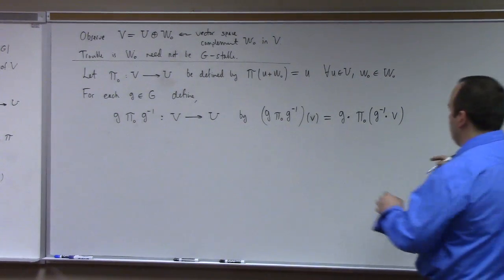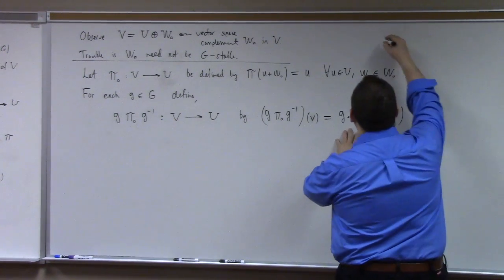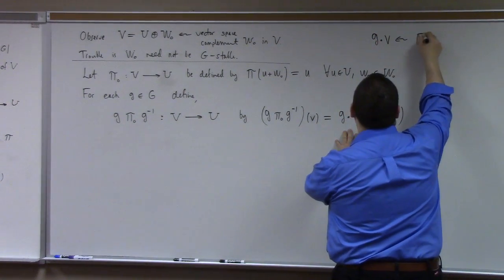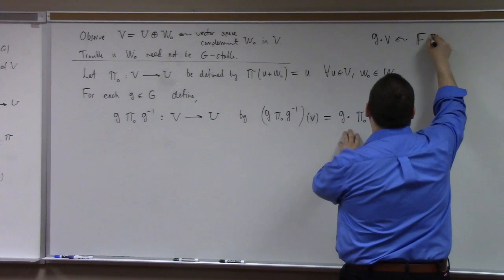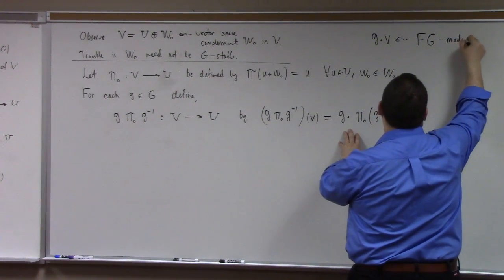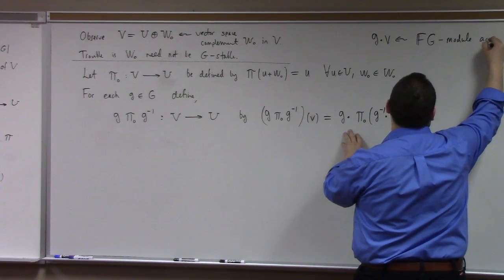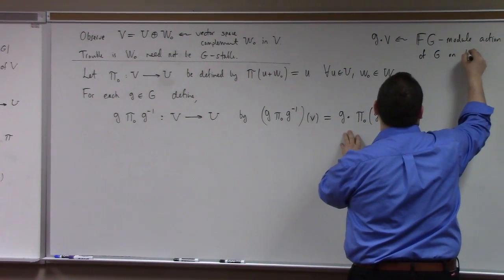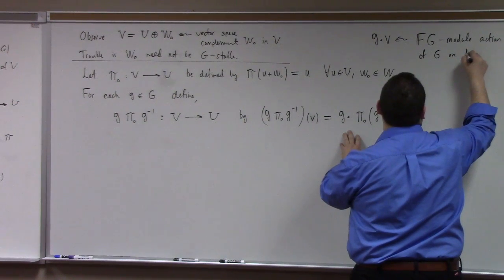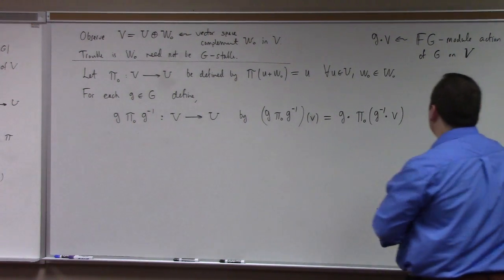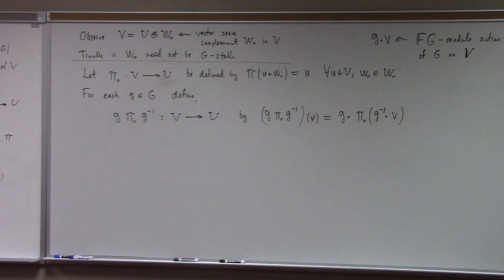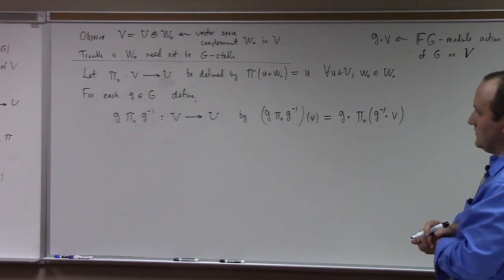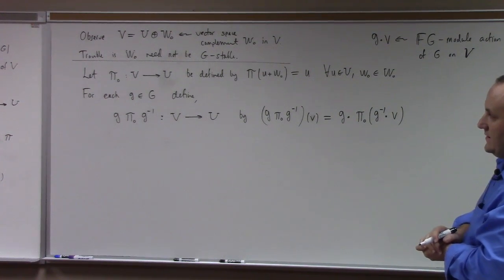Remember that g dot v is the FG module action of g on v. This is given to us in the data because we're looking at an FG module.